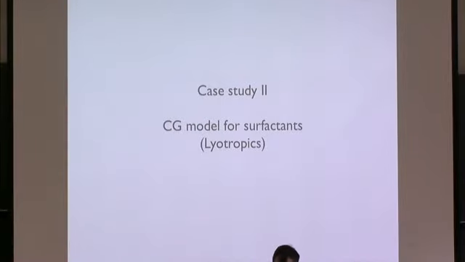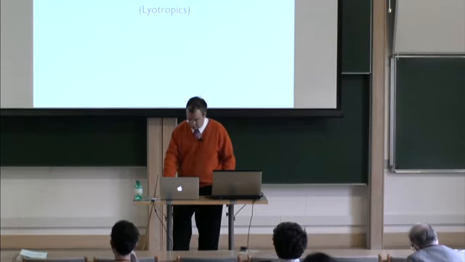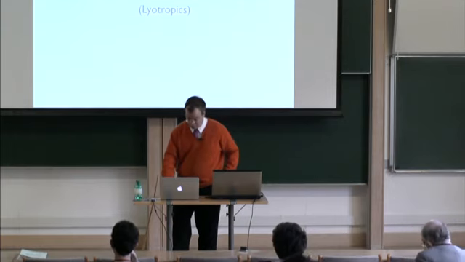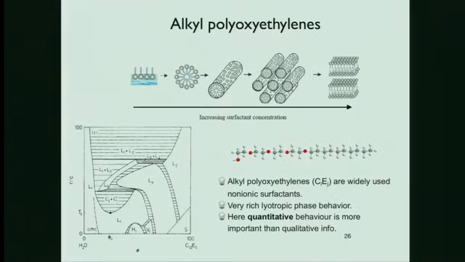How do we take this into the world of liquid crystals? Well, a way to do that is to exploit the coarse graining, both the coarse graining and the group contribution idea behind this. The example I'm showing here is non-ionic surfactants.